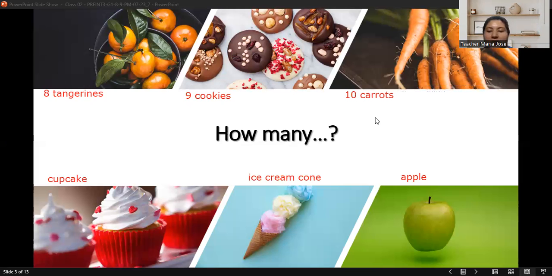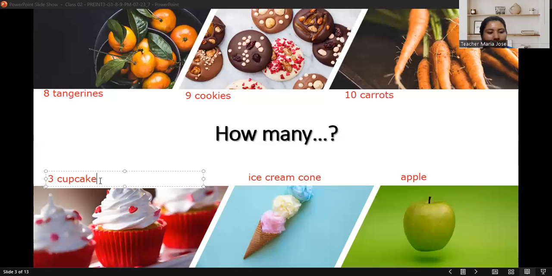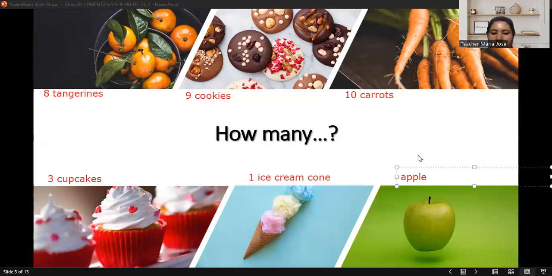How many cupcakes? 3. Okay. 3 cupcakes. How many ice cream cones? 1. Okay. How many apples? 1.